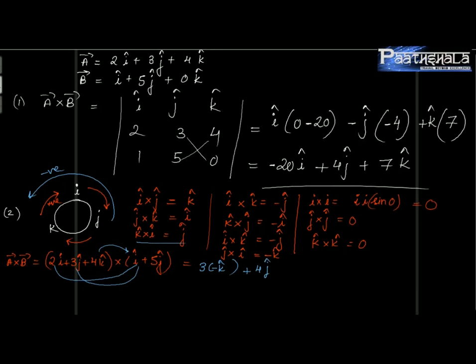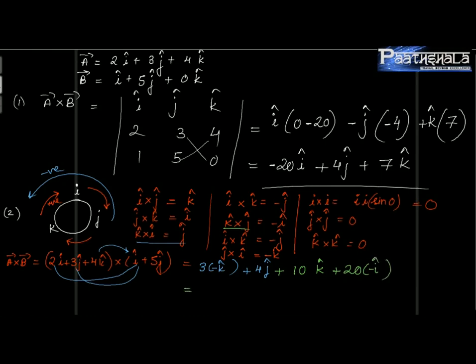Now multiplying with the second term, 2 into 5 i cross j. So this is plus 10, since i cross j is simply k. j cross j is going to be 0, and k cross j you will note here is equal to minus i. So 4 into 5 k cross j is equal to plus 20 minus i hat.